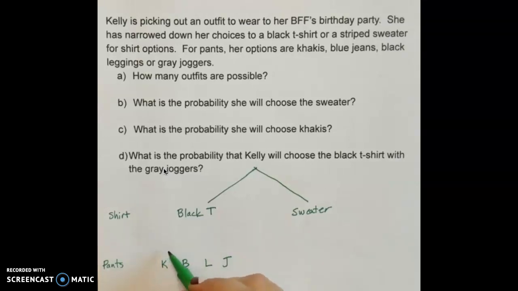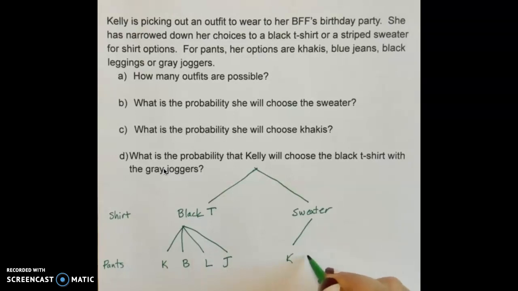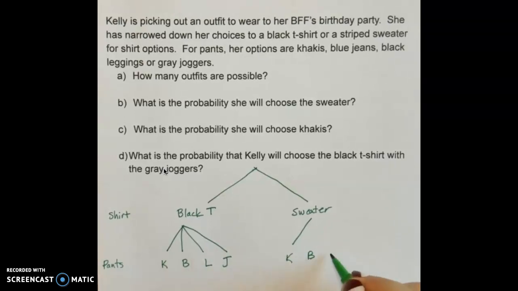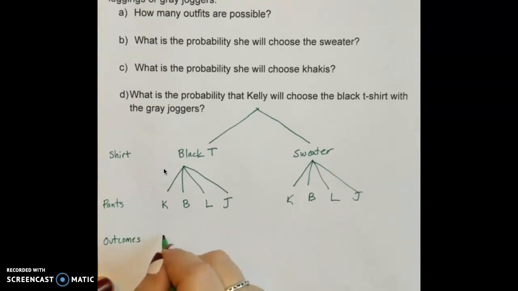Now, if she chooses the black t-shirt, she could still pick any of those pants options. So underneath black t-shirt, I will list all 4 of those options. Now, if she chooses the sweater instead, she still has those same 4 options. Okay, khakis, blue jeans, leggings, or joggers. Okay, which means that her outcomes, or I guess in this case, outfits, she will have the black t-shirt with khakis.